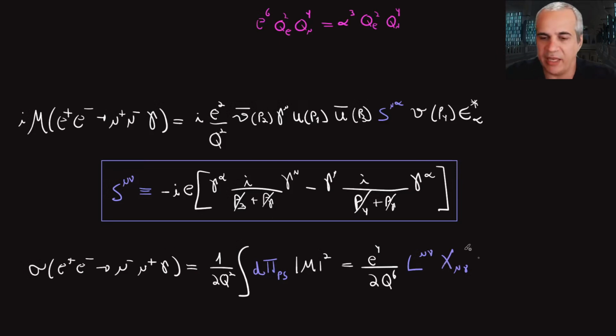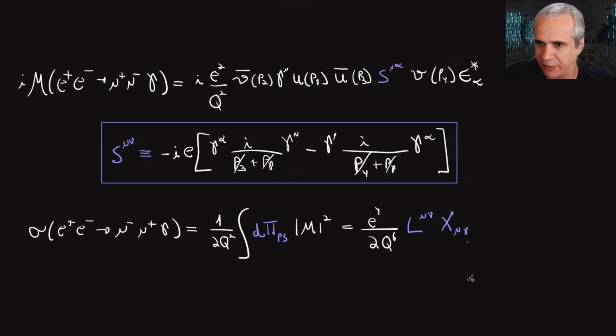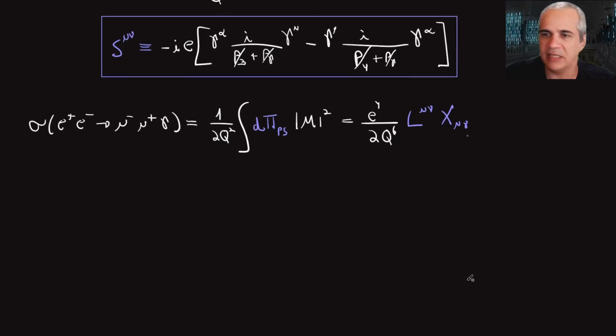Notice I'm not doing any calculations. I'm just defining and parameterizing these in a convenient way. Let me define now everything explicitly. The integral over phase space can be quite complicated. This is a three-body phase space because I have three final states.